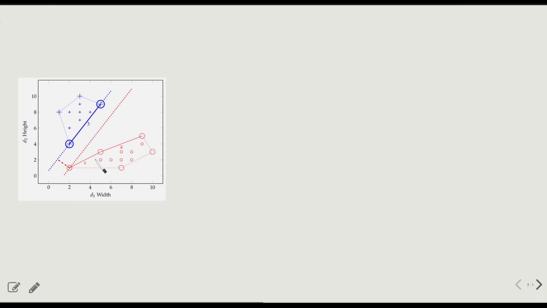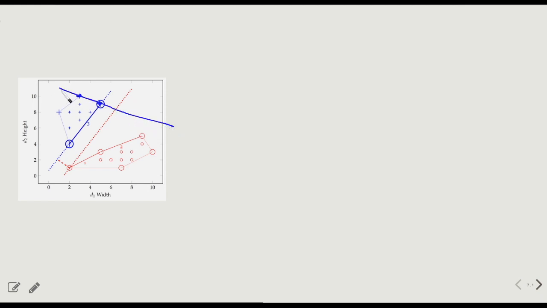or lying. And so to find out which data points can be potential support vectors, we want to consider each pair of data points. So we can look at, for example, the data point here and the data point here and draw a line between them.